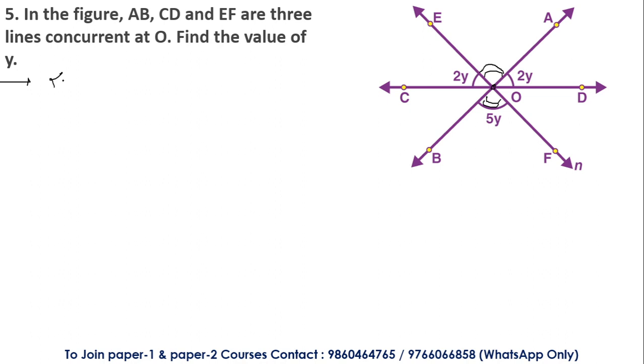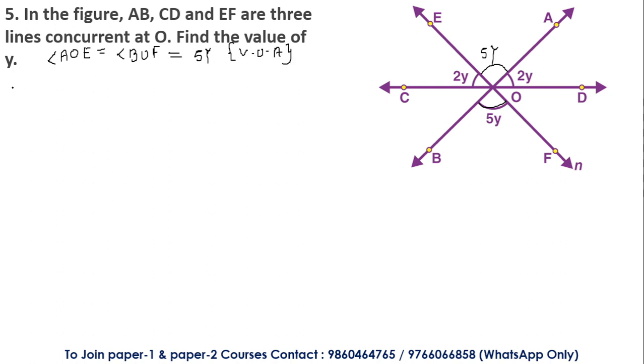So whenever vertically opposite angles are seen, you can use this property for solving the question, that is angle AOE is equal to angle BOF. Why is it equal? Because these are vertically opposite angles. So if you know here that angle BOF is 5y, hence we can conclude that angle AOE is also going to be 5y. This property is vertically opposite angles, okay? So you can write in bracket as well, vertically opposite angles, okay?